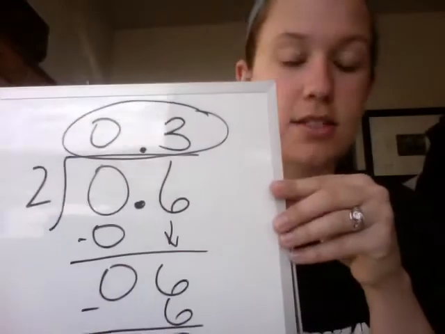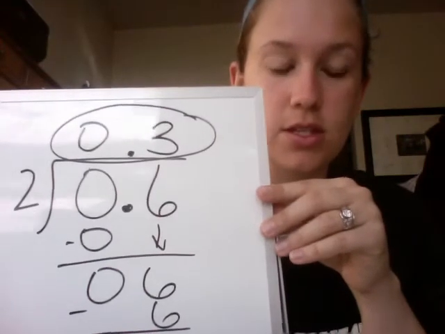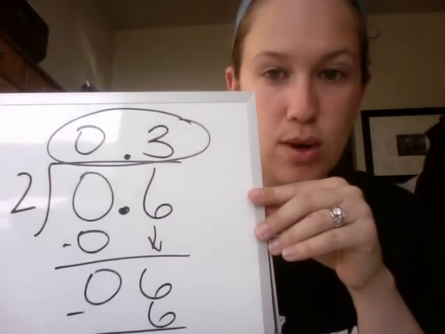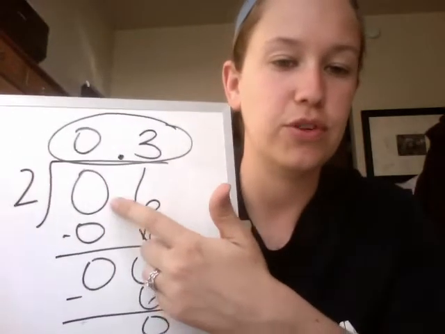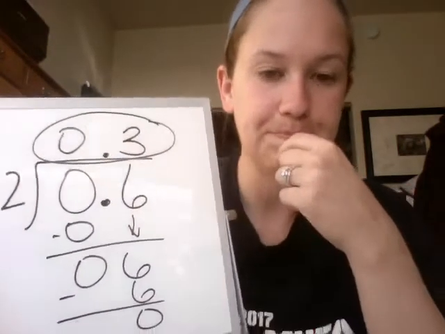Bring down my 6. 2 goes into 6 3 times. 2 times 3 is 6. So my answer is 3/10. So you do your division just like normal, but you just have to make sure you move your decimal place right up top.